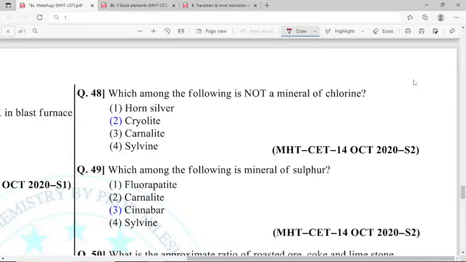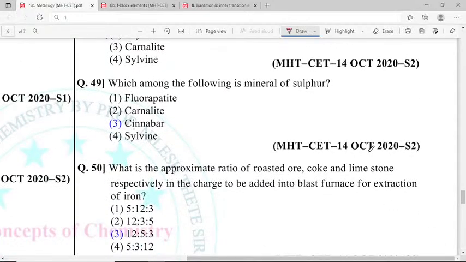Which among the following is not a mineral of chlorine? Cryolite. Cryolite is not a mineral of chlorine. Which among the following is a mineral of sulfur? Cinnabar, HgS.